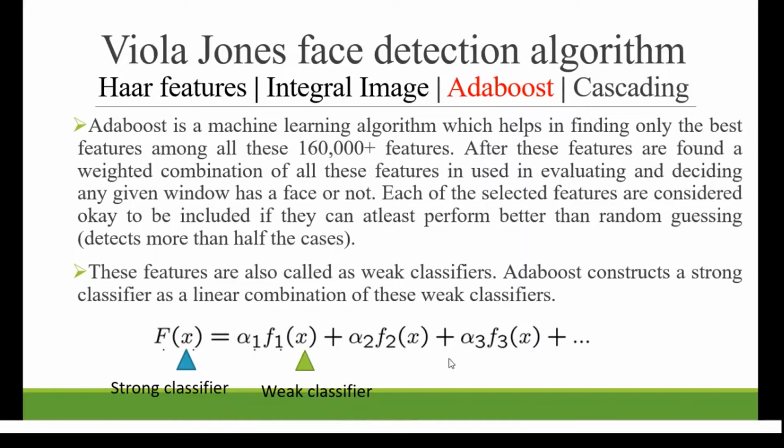We'll be summing up all those features and the sum would be a weighted sum. We'll weight by some quantity which we'll learn how to find later, and we'll be using this to make a strong classifier that will detect our image.